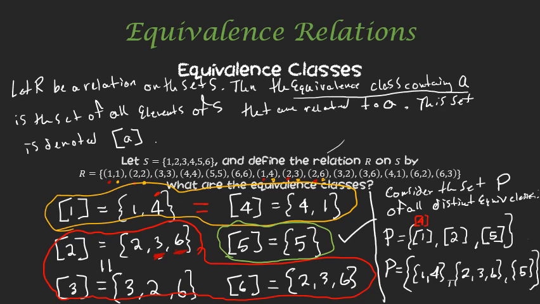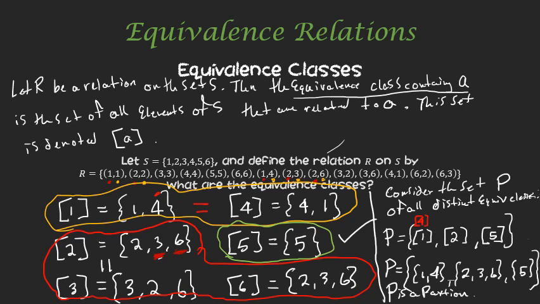Each is non-empty, right? I don't see the empty set anywhere here. And every element of S shows up in one of the sets. So the union of these 3 sets gives me all of S. And so the big realization here is that P is a partition. When we take all the distinct equivalence classes, what we really get out is a partition of the original set.